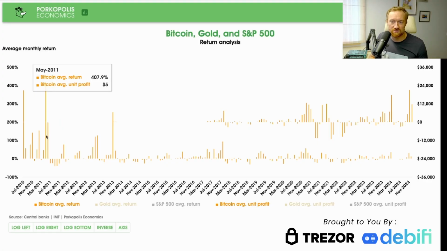Assume that you buy every day in April, and then assume you sell every day in May. That's essentially what it's saying. But again, you don't have to do it. It's just a gauge, just to understand here what's happening. If you bought every day in April 2011, sold every day in May, it would represent an average 407% return, or $5 per Bitcoin.